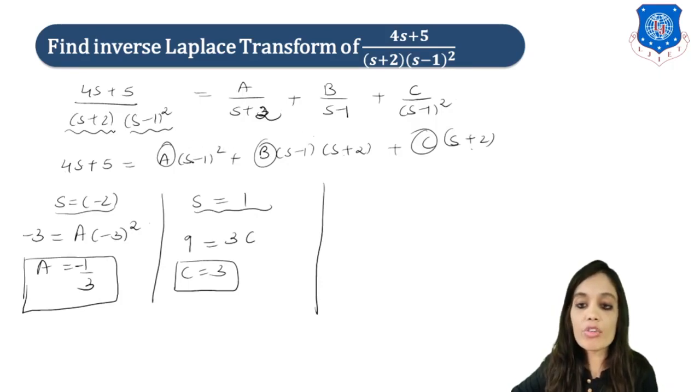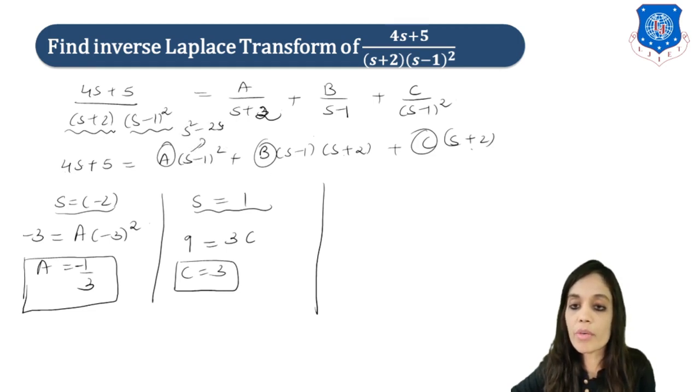We will compare the coefficients of s square first. So here we can see, if we open the bracket, it will be s square minus 2s plus 1, right? So we will have a only. From this also you can see we will have only b. So if I separate this bracket, I will have s square plus s minus 2, right?